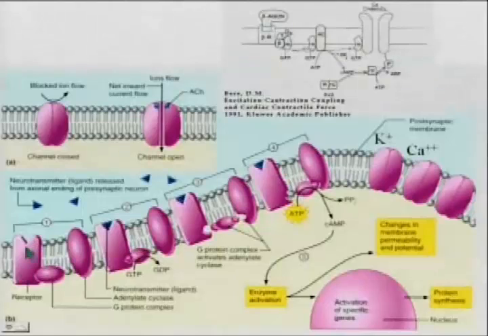In the unligated form, the receptor, the binding protein, has a higher affinity for the G protein complex, or throughout the G protein complex for the alpha subunit, because GDP is actually bound to it, as you can see. When it becomes ligated, then the GDP falls off, GTP jumps on, and the affinity for the alpha subunit decreases.